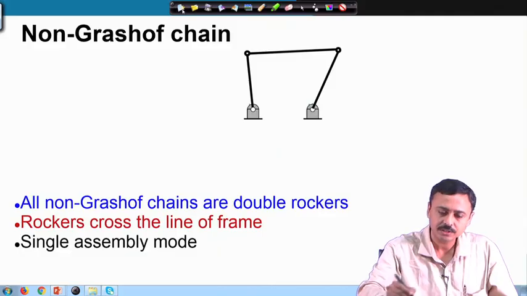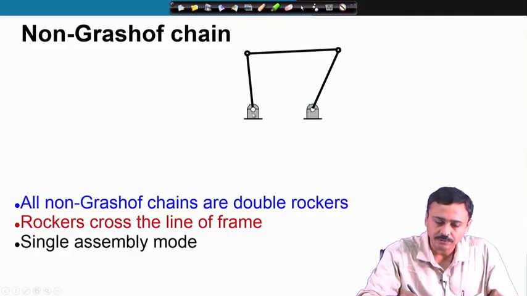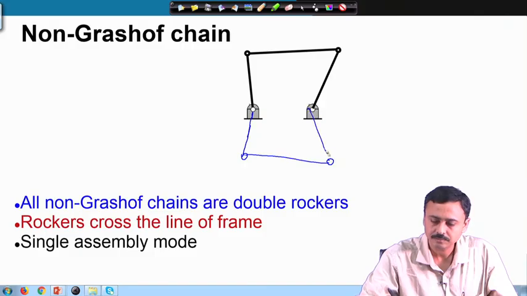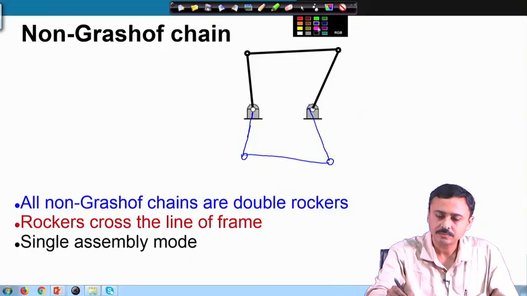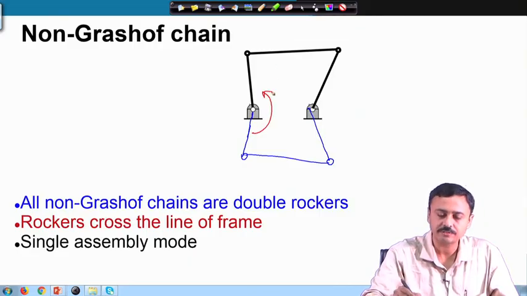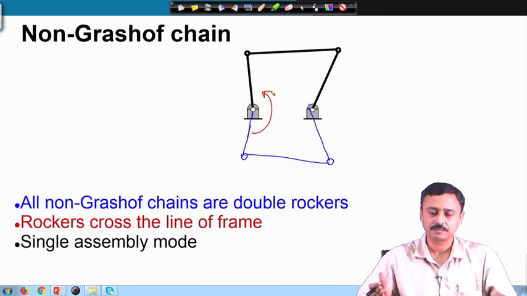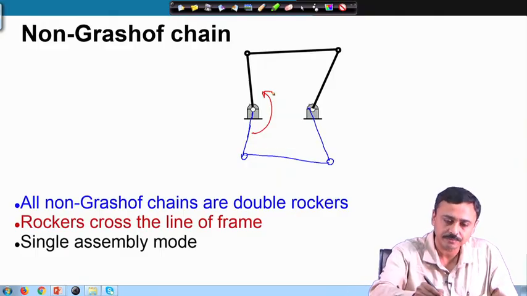So, it will stop. If you assemble the mechanism, let us say in this configuration, then it can go from this to this configuration. These are not distinct assembly modes, because the rockers can cross the line of frame.